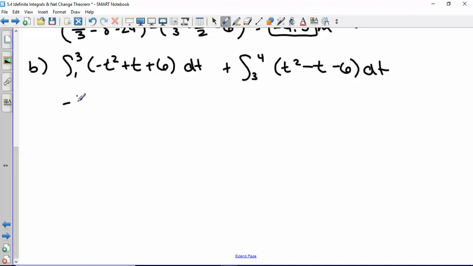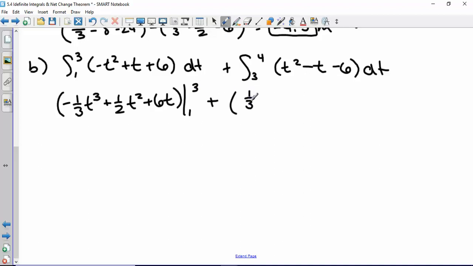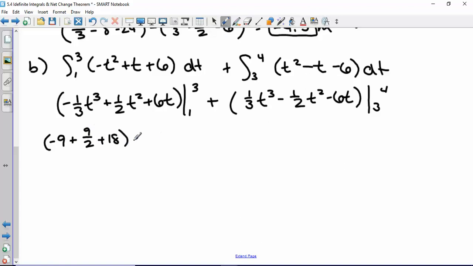Alright, so then if I integrate, plug in 3 cubed is 27 times negative 1/3 is negative 9 plus 9 halves plus 18.